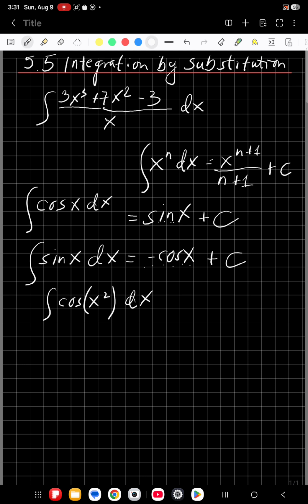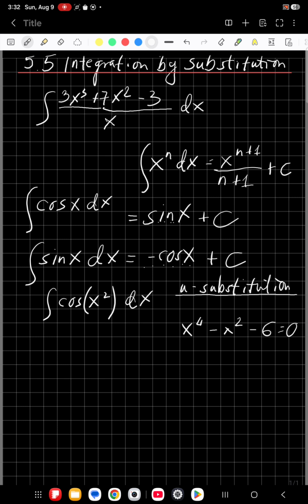I hope you've seen u substitution. Let me write it: u substitution. Maybe you've seen something like this: x to the fourth minus x squared minus 6 equals 0, and you need to solve it.